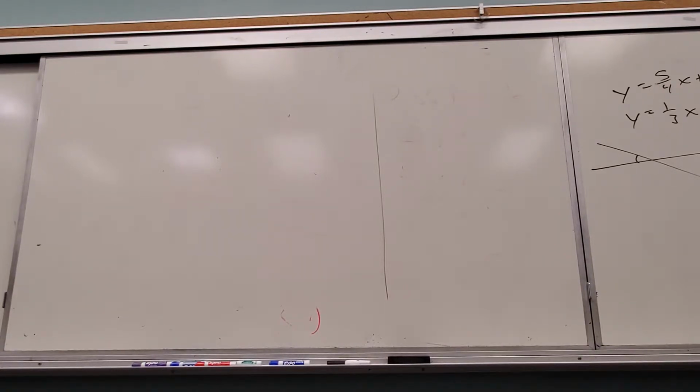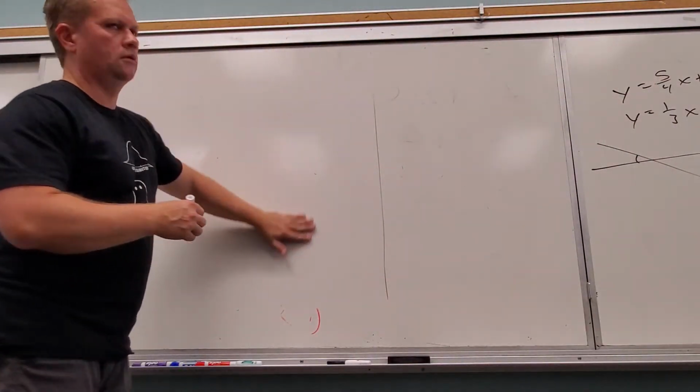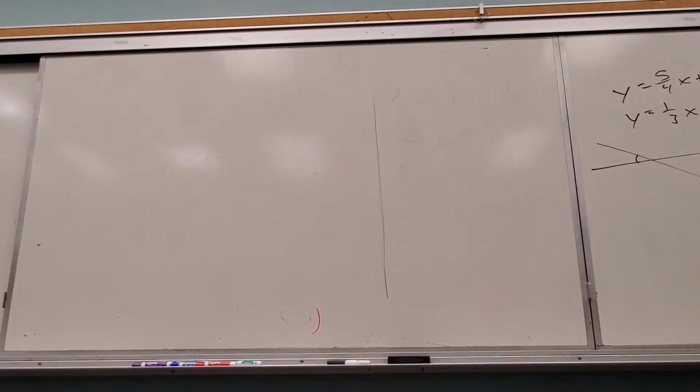This is in 5.3. Guys, elimination method, I think is 5.2. Or is it substitution? Oh, 5.2 is substitution, 5.3 is elimination, and then 5.4 is more word problems. Now this is a word problem, number 174.